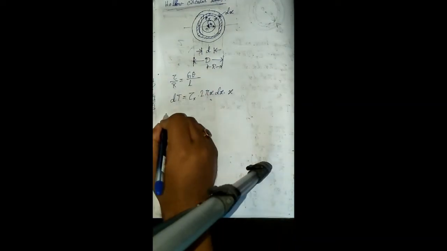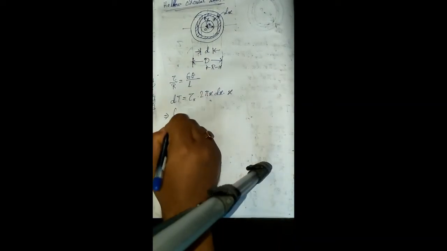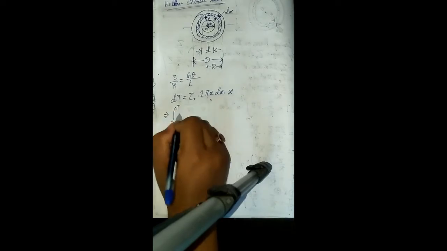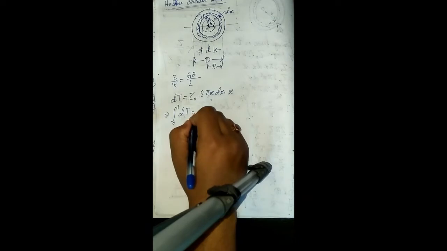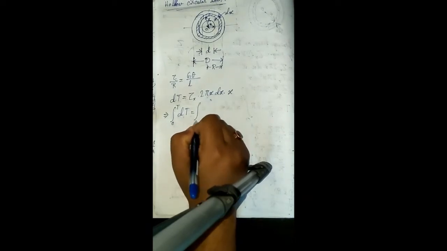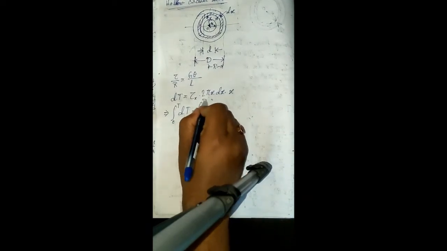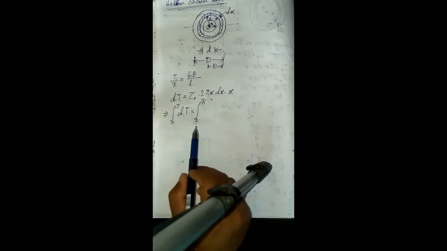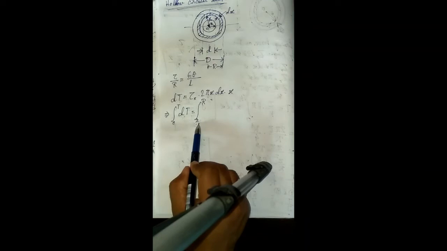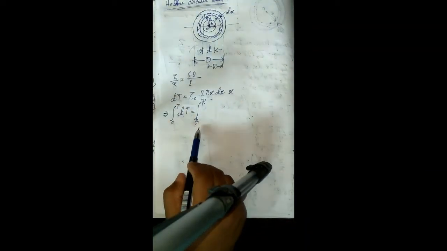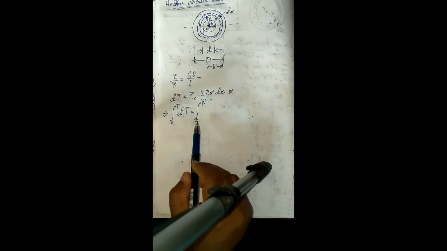Now we are going to integrate this equation, 0 to T of dT equals, but here the integration limit is from small r to capital R. In the case of a solid shaft, this small r becomes 0.